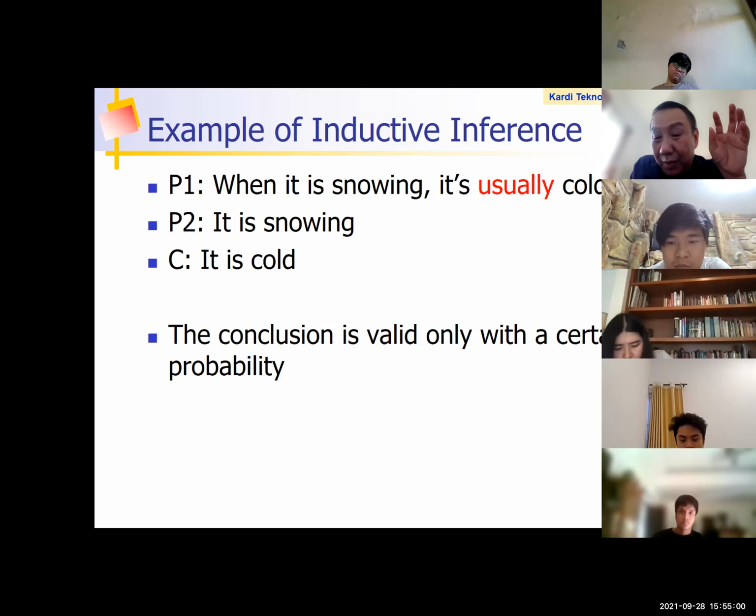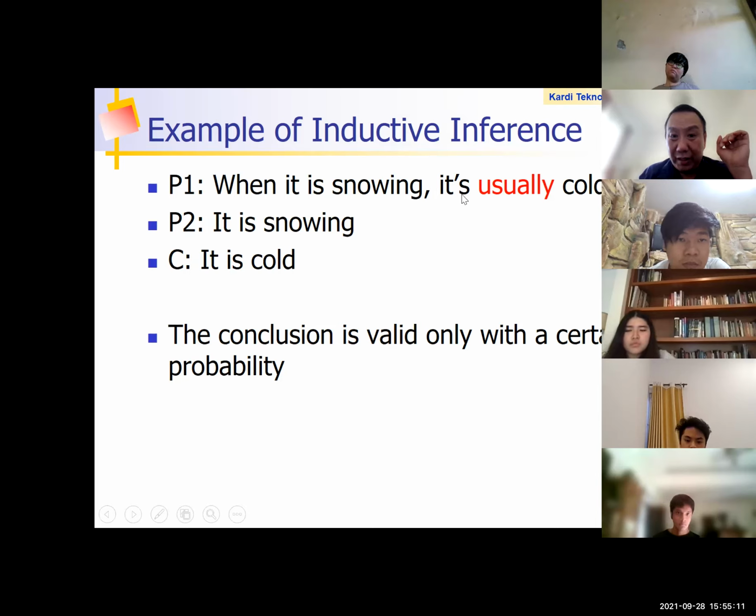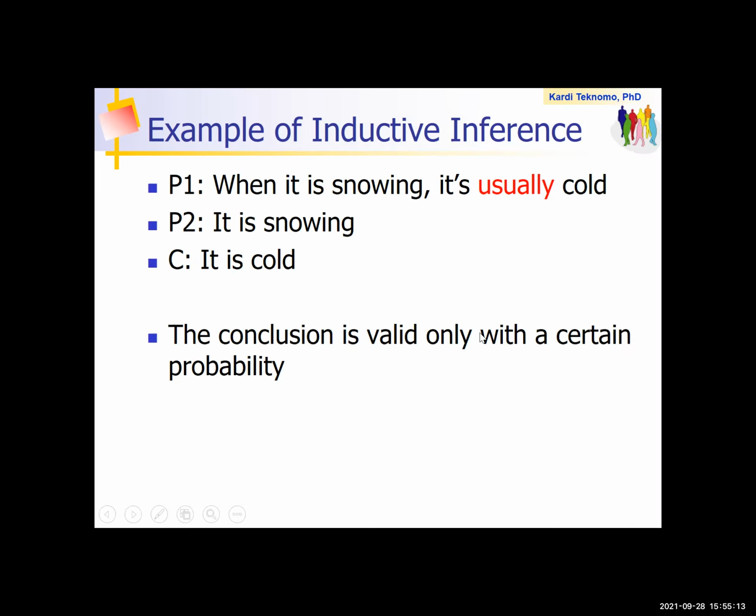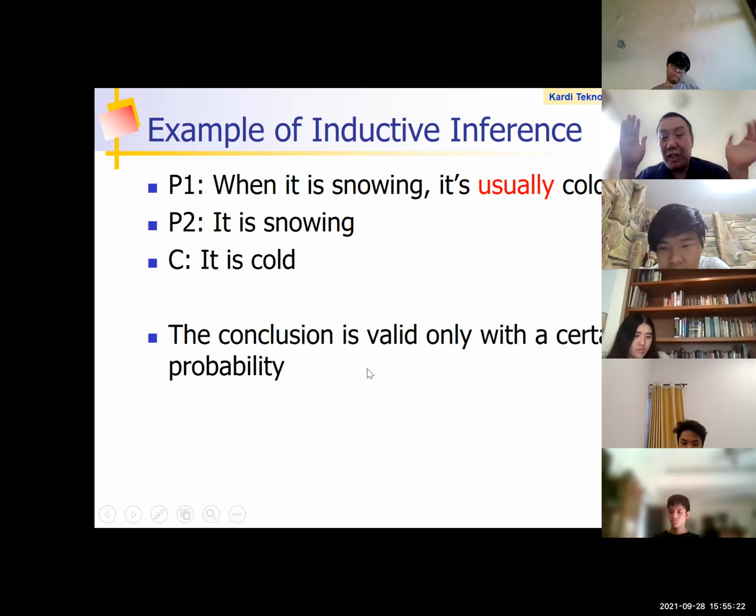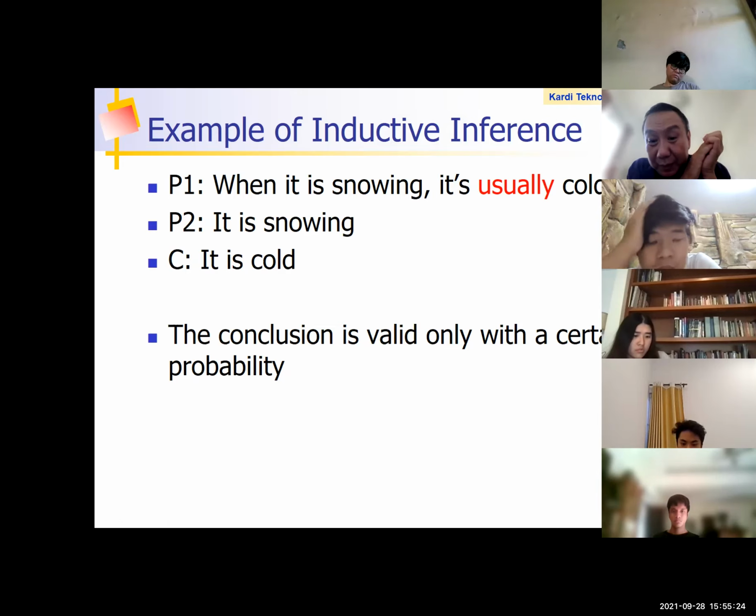So now it becomes inductive. It's no longer deductive. Can you see the difference? Okay. So the conclusion here is valid only with certain probability. That's why this is inductive. So can you distinguish deductive and inductive?